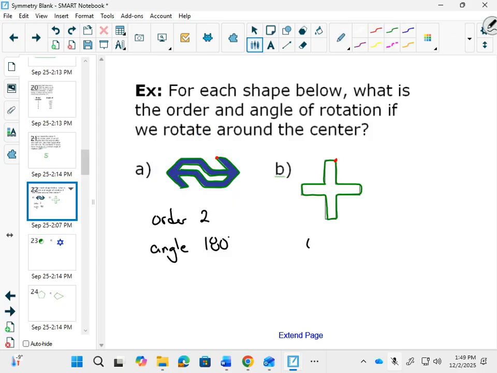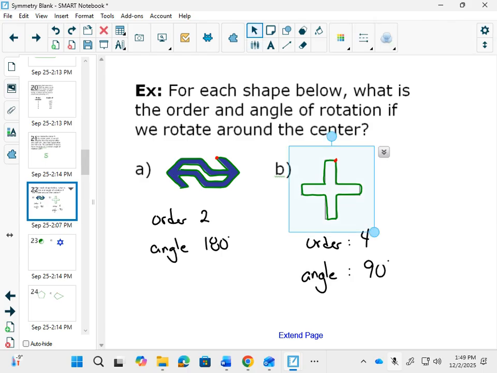The second one, did you get an order of 4 and an angle of 90 degrees? Let's check it out. 1, 2, 3, and right back to where we started with 4. 4 times makes an angle of 90 degrees.